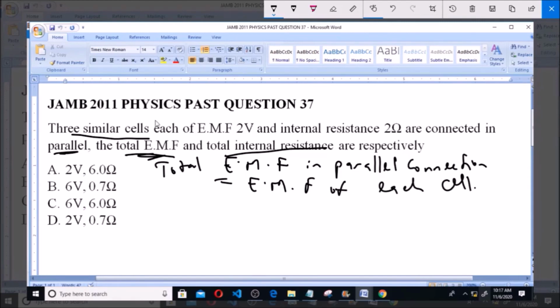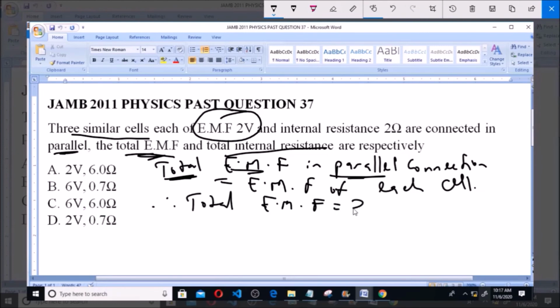So since the three similar cells each have EMF of 2 volts, that 2 volts is the total EMF as long as the connection is parallel. So we have gotten our total EMF, which is 2 volts.